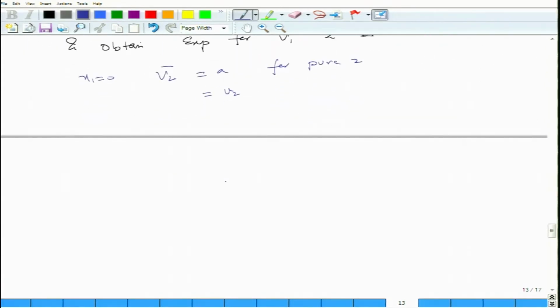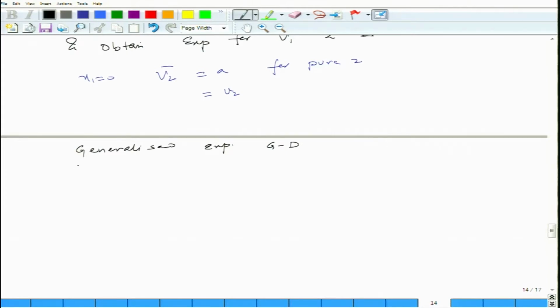Now, what I am going to do is make use of the Gibbs-Duhem expression. Remember the generalized expression for the Gibbs-Duhem relation.